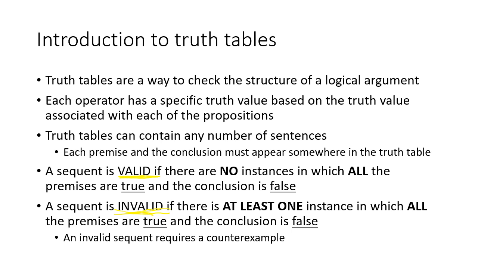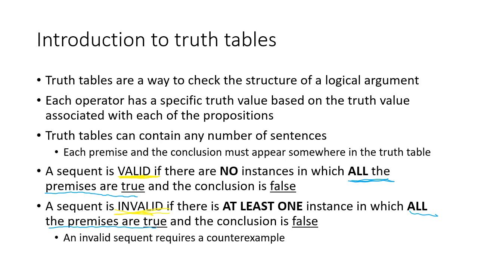It only takes one to make it invalid. The thing that we're going to be most concentrated on when evaluating the validity of an argument within our truth table are the rows where all the premises are true. All we care about in the truth table are the instances in which all the premises are true. If there's a row in which the premises are not all true, we can just disregard it. It's not going to give us any information whatsoever.